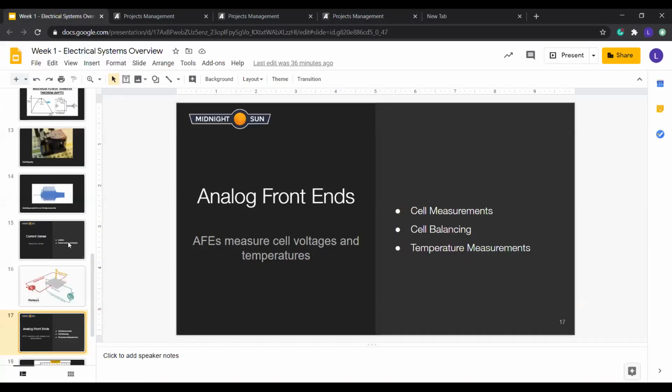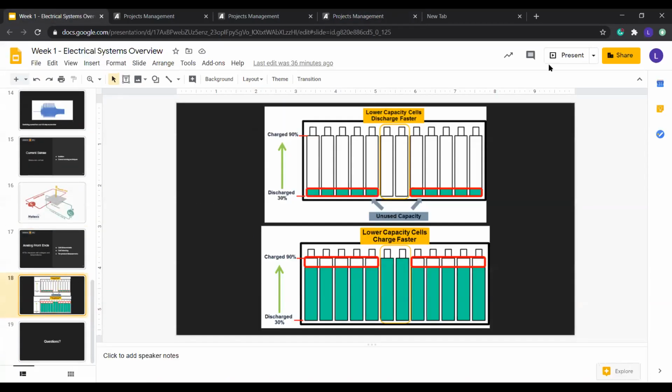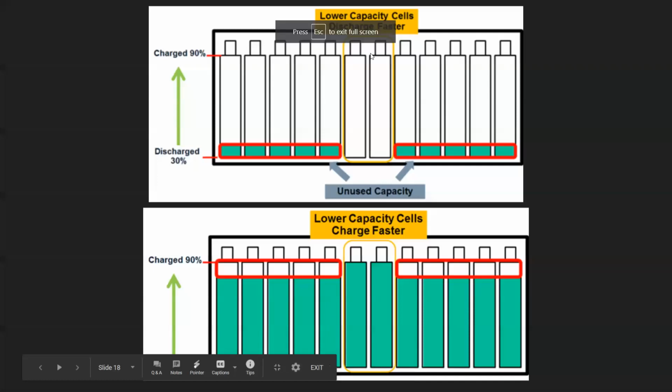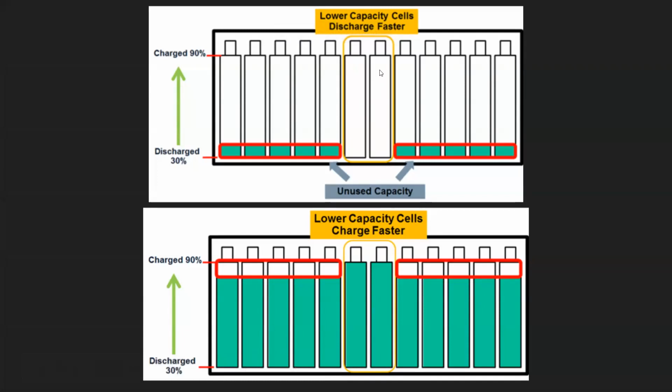So cell balancing is important because some of your cells will have lower capacity just by variations in the manufacturing process. And this causes them to be discharged sooner than the other cells. And as soon as they're discharged, you need to stop discharging energy from the pack because you're at risk of damaging these cells and reducing their lifetime and also potentially leading to dangerous situations.